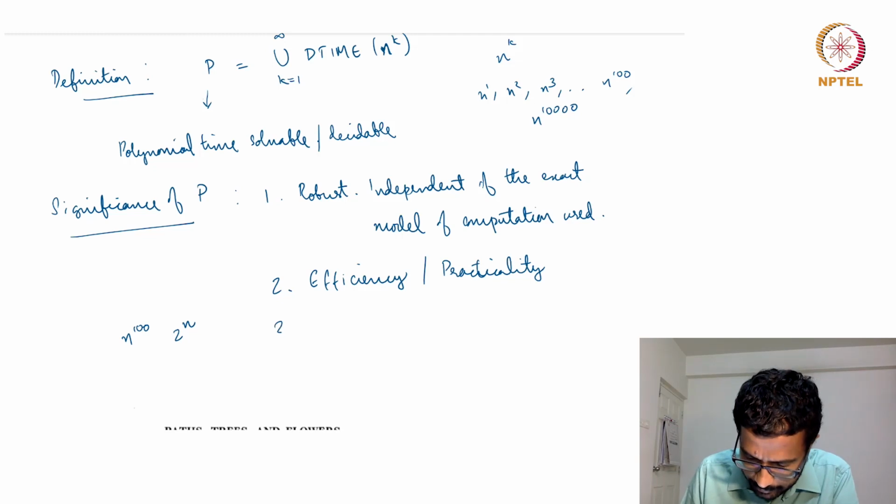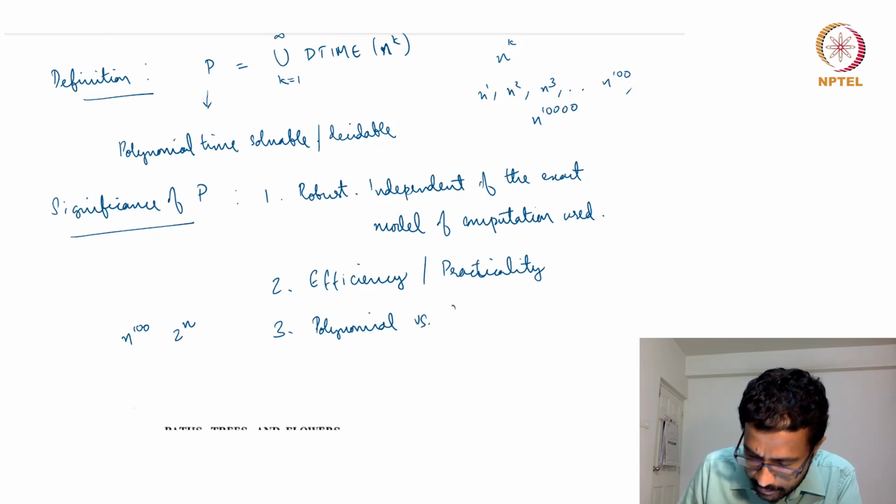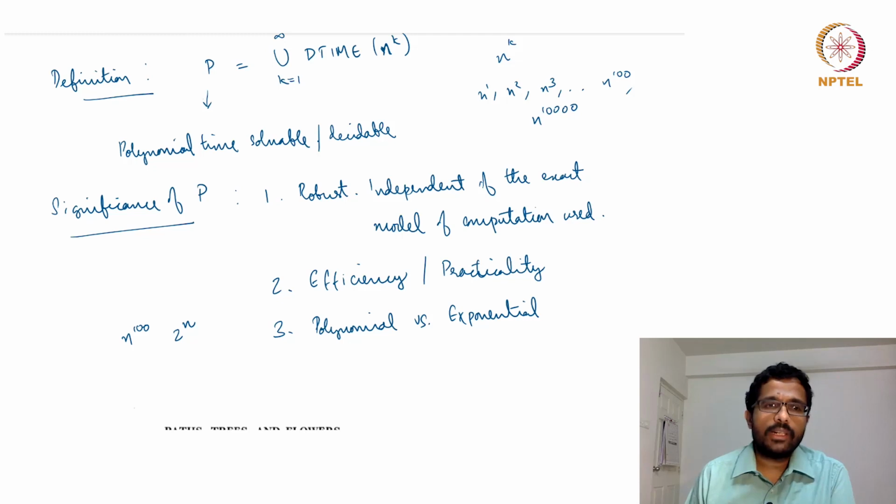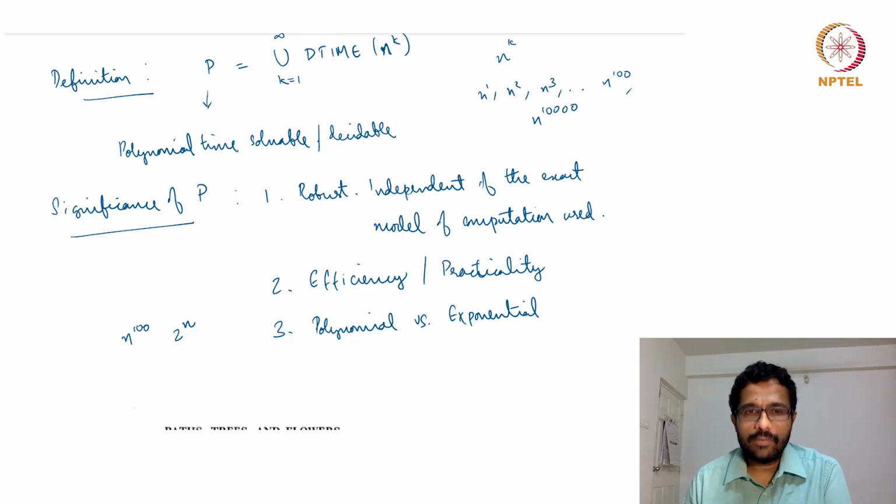Maybe I'll just note this is a different point: polynomial versus exponential. The first point is that it is robust, independent of what exact model you have. Second, it is commonly considered as the class of problems for which there are efficient algorithms.